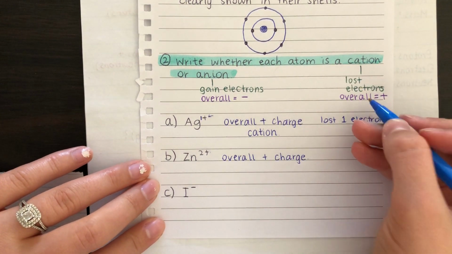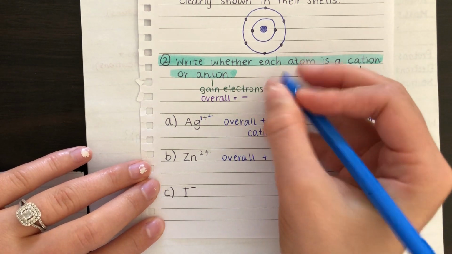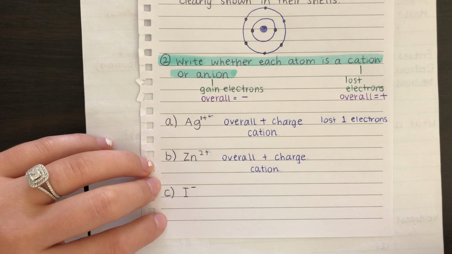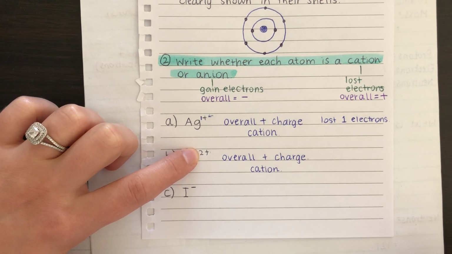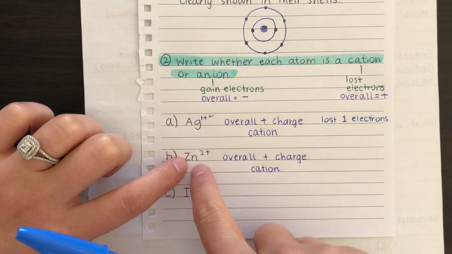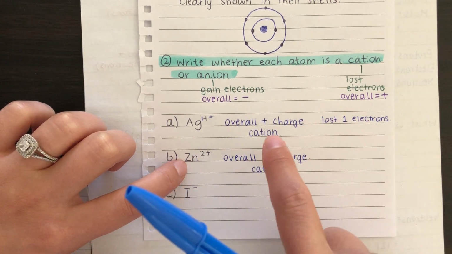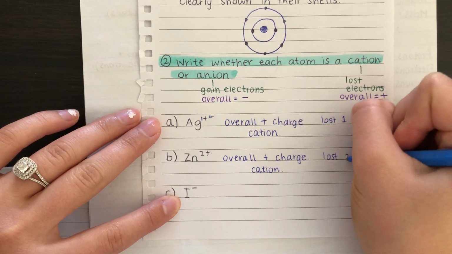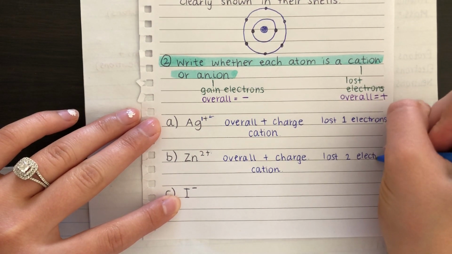Which makes it a cation again, because cations have an overall positive charge. Now, because there's a little number 2 next to the positive sign, it means that this zinc has lost 2 electrons. So I'll just write here, lost 2 electrons.